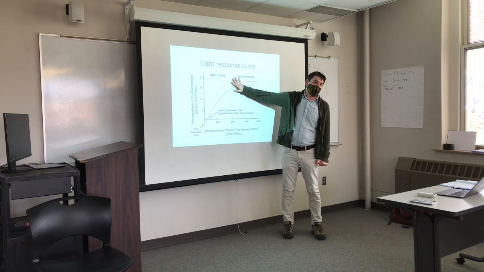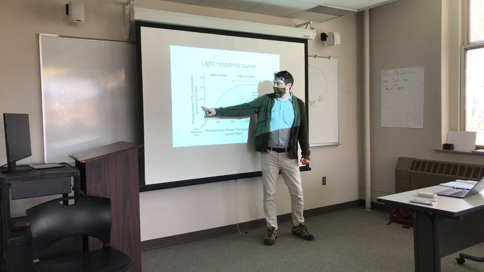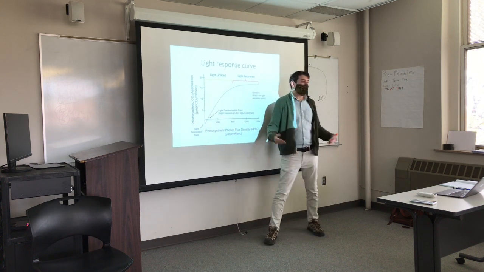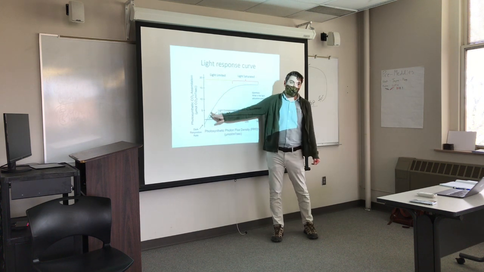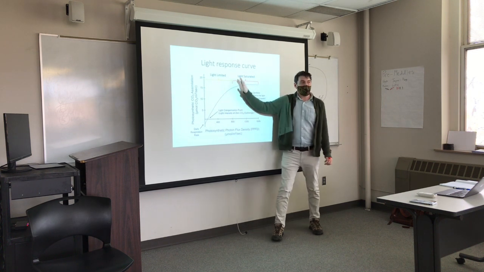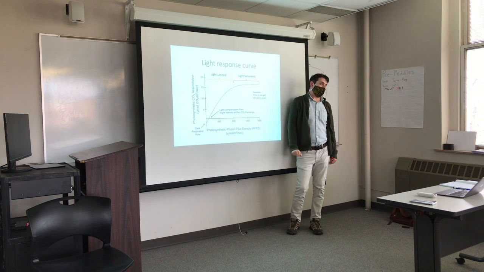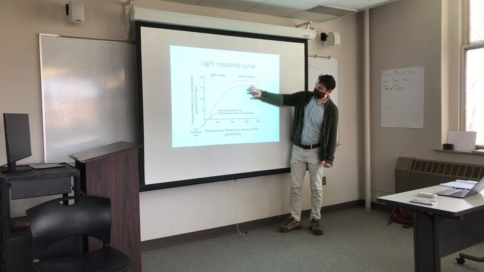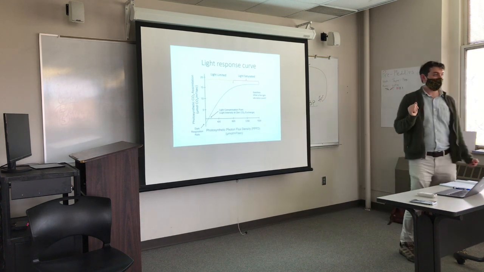So something else other than available light is limiting the amount of carbon dioxide that can be assimilated. In this region, the reaction is limited by the amount of light. If you increase the light, you get more assimilation. Now here, if you increase the light, there's very little increase in carbon dioxide assimilation.